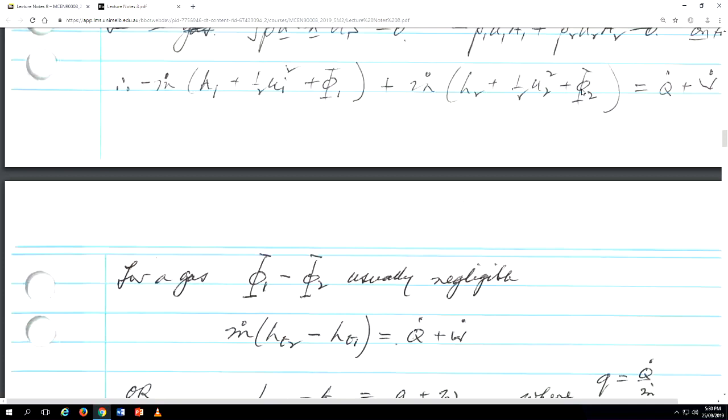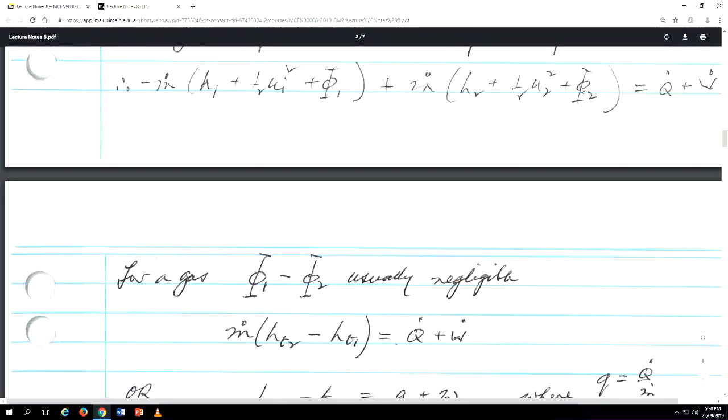Even for a vertical device, if you're talking about a water pump, for example, it's probably going to be relatively small, so we can neglect it. And if you neglect the change in potential energy across the control volume, then H plus a half U squared is by definition the total enthalpy.